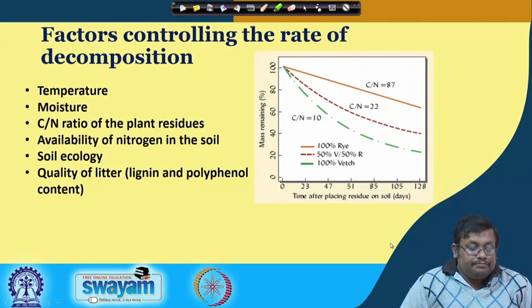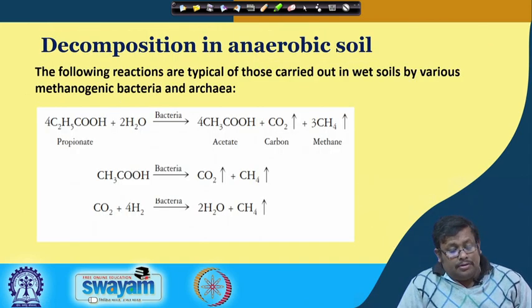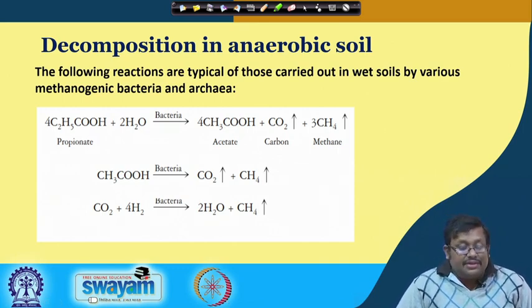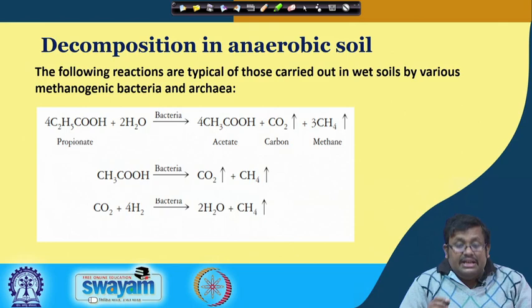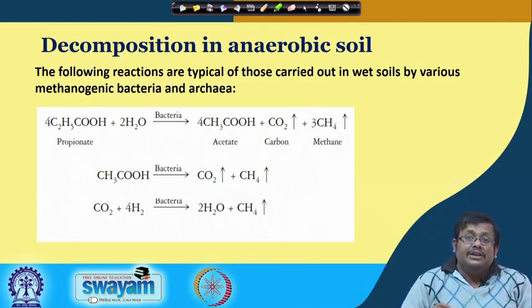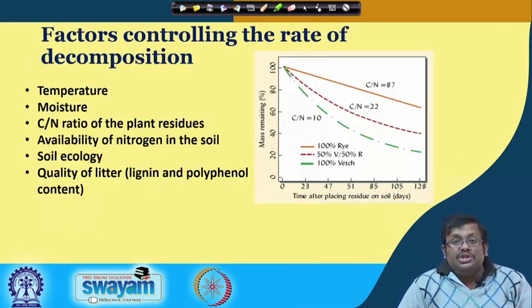So, what are the factors? The bacteria which generate methane are called methanogenic bacteria, and remember that there are several methanogens which play a key role in this anaerobic decomposition of organic matter.